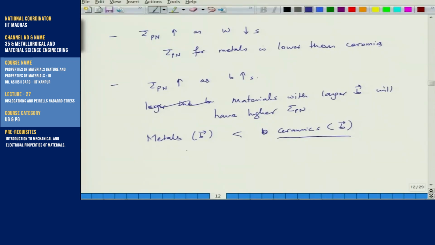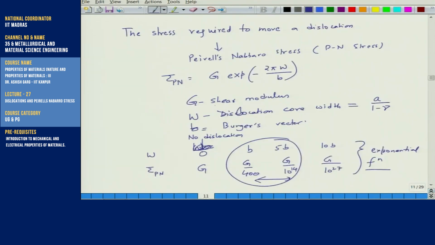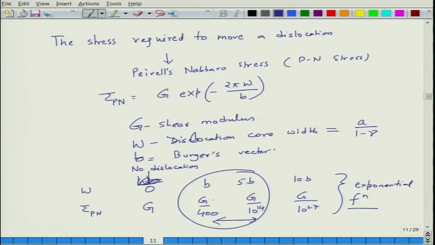So, these are the two reasons why the shear stress to cause deformation in metals is lower than that in ceramics. And of course, we also saw using this expression that the fact that you introduce a dislocation makes your stress go down by 400 times, and we are somewhere in between. The stress values are lower by 1000 times or at least 10,000 times than the theoretical values.